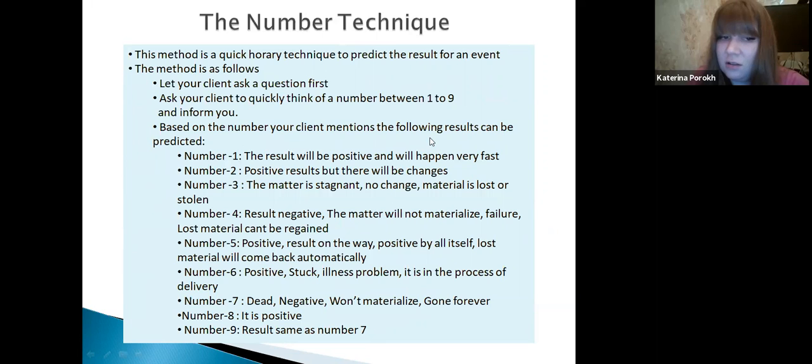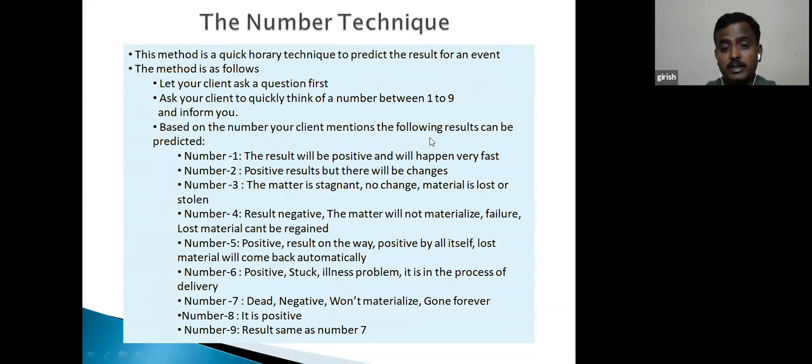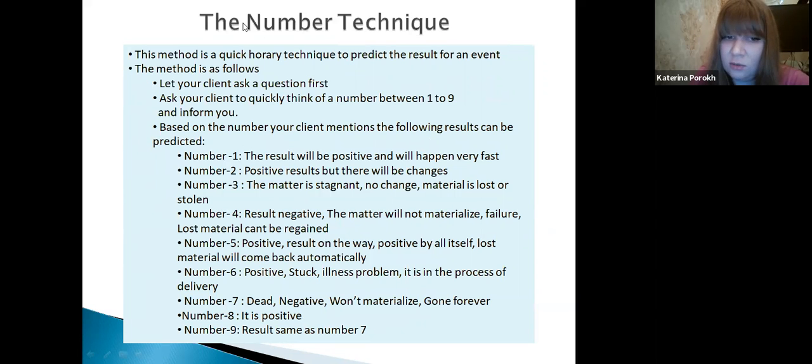И также если результат 6, если человек чего-то ожидает, ждет, чтобы что-то ему пришло, то вы можете сказать, что оно уже в процессе того, чтобы дойти до него. Okay. And similarly, if it is 7, then you can always say that the result is negative. Если результат у нас цифра 7, то результат у нас негативный, очень негативный и отрицательный.